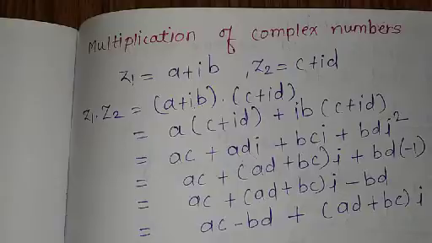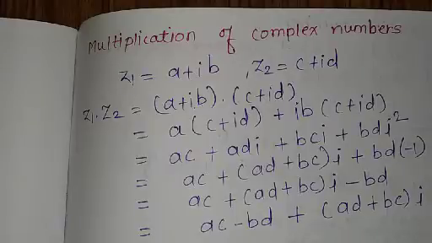We have to multiply the first term to the second bracket and the second term to the second bracket, that is a into c plus id, plus the second term ib, so multiply ib into c plus id.